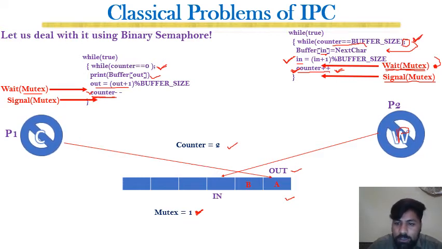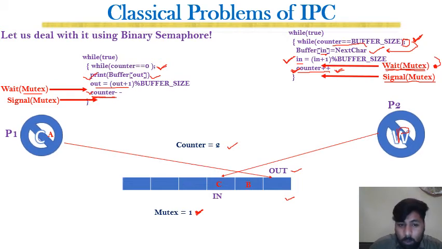Once these conditions are not true, the producer will produce a character and place it at the in pointer, while the consumer will consume a character and print it out. So here C is being produced by process P2, while A has been read by P1. Okay.